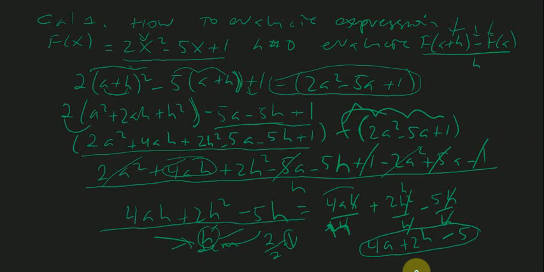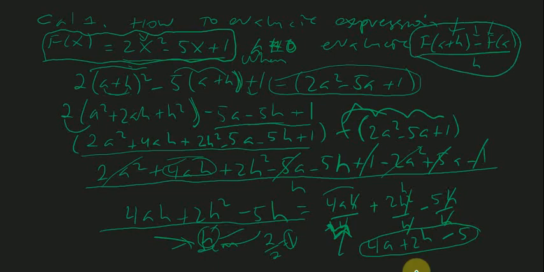So for the expression f of x equals 2x squared minus 5x plus 1, when h is not equal to 0, that's why it cancels everything here, evaluate.